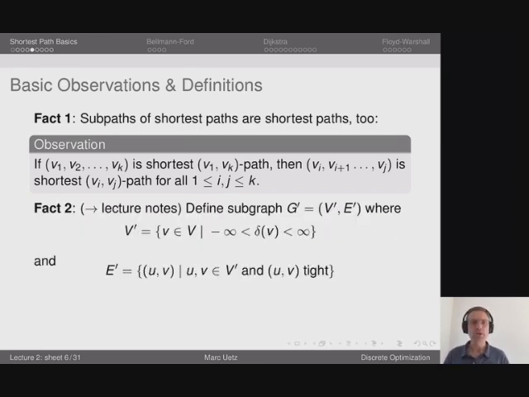So what interests us, and that is summarized here in fact number 2, what interests us is the vertices which actually have well-defined shortest path length. So we could define a subgraph G prime by taking only those vertices where the shortest path distances are actually well-defined, so neither minus nor plus infinity, and all the edges between these vertices.